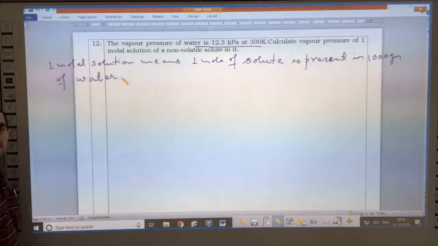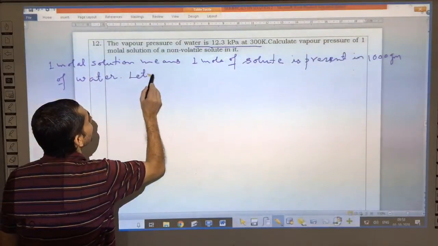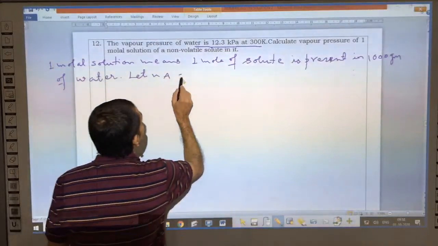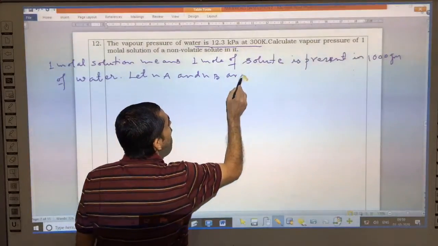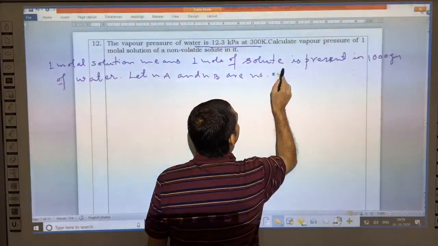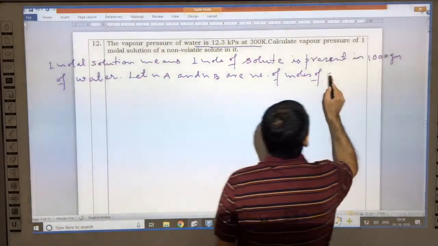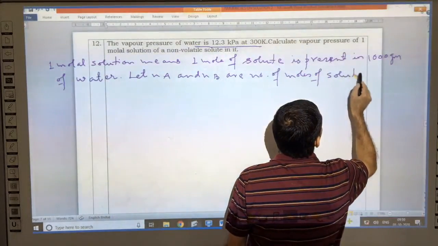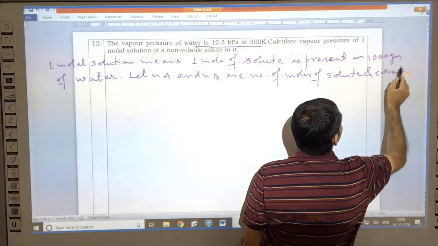Clear? Now number of moles of solute. Let Na and Nb are number of moles of solute and solvent.